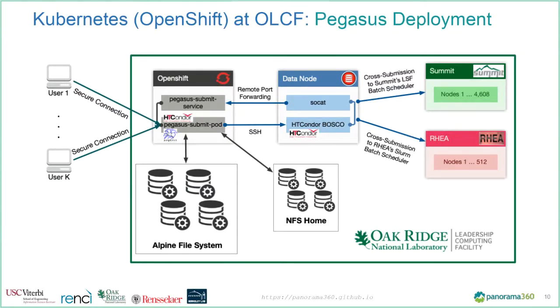Additionally, we spawn a Pegasus submit service that exposes the HTCondor grid manager service to the outside world. And when I say outside world here, I mean the rest of the OLCF infrastructure, because everything else is pretty much blocked to the outside.